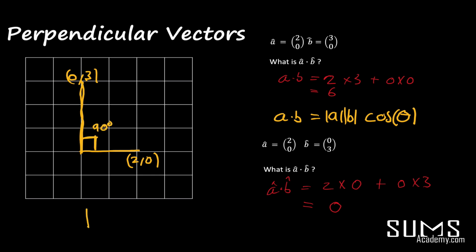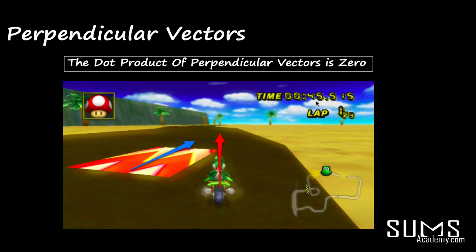If you remember from your cos diagram, it starts at 1 and goes down, so at 90 degrees that is going to be 0. So your final answer is going to be 0 again. So this is what you need to remember: perpendicular vectors have a dot product of 0. I'll go on to explain this point a bit more in the next slide.